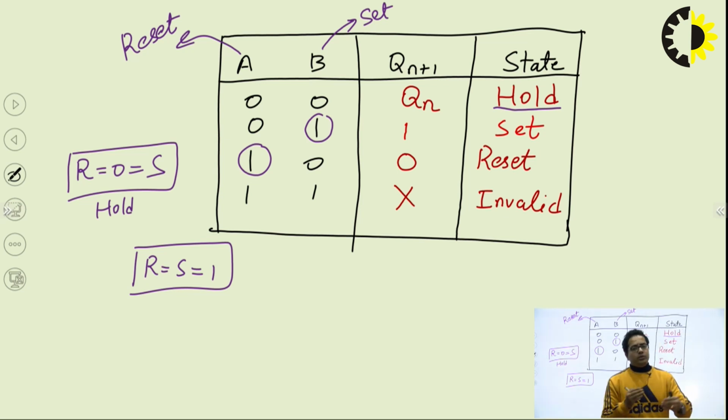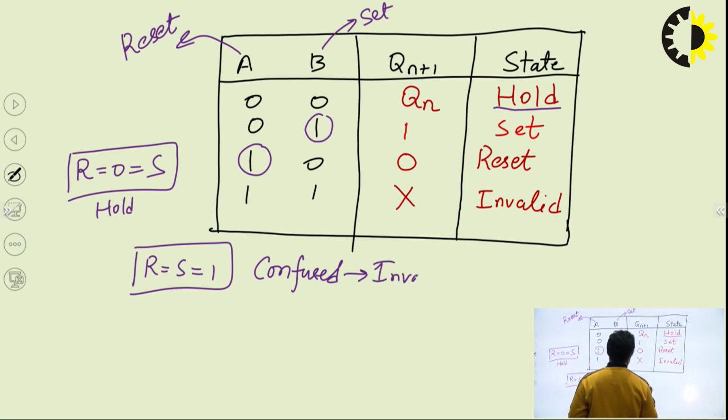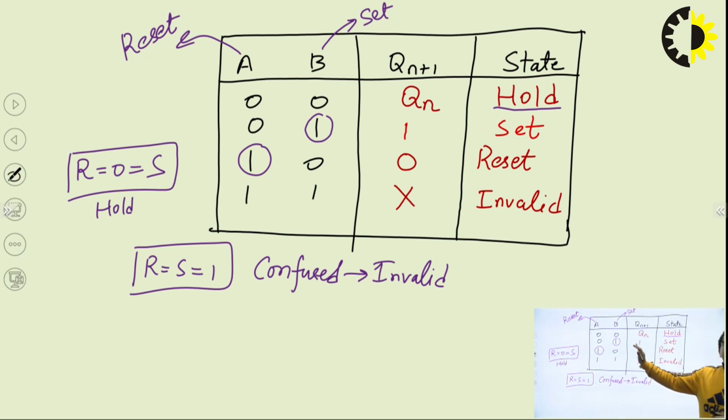By giving the input as 1 to both the terminals reset and set, we are saying to a latch, okay, now just at the present time enter into a set as well as in a reset state. So it's not possible, and your flip-flop or your latch gets confused. So that is called an invalid state. So that is something related to the SR latch using the NOR gate.